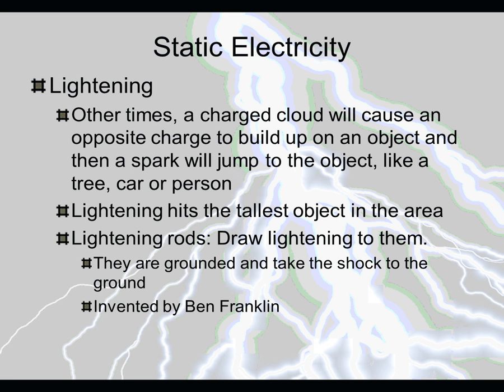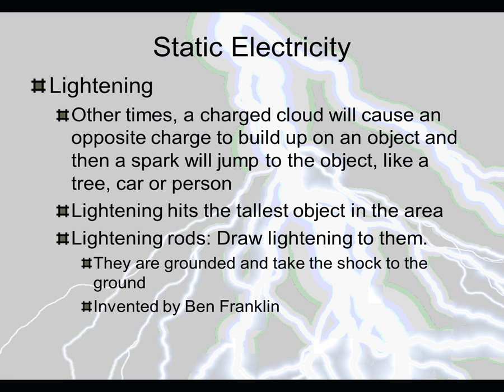Now, again, other times a charged cloud will cause the opposite charge to build up on an object. All right, so think about this. If the rising air has a positive charge, that means it's pulling these positive charges away from objects around it, trees, grass, what have you.